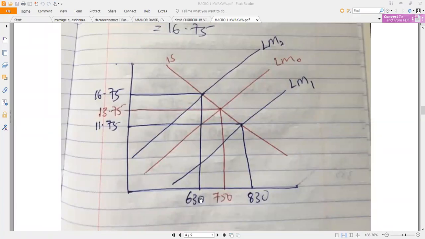So that is why income fell from 750 to 630. I hope that's fine. All right. Any other question?